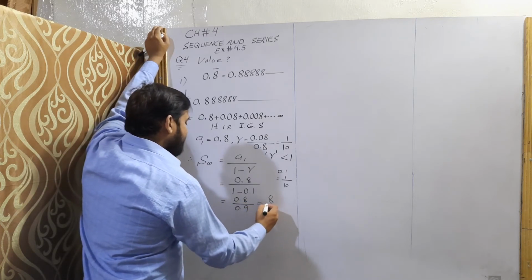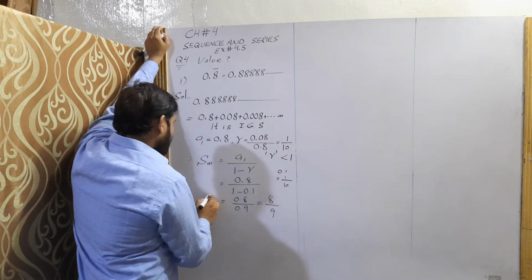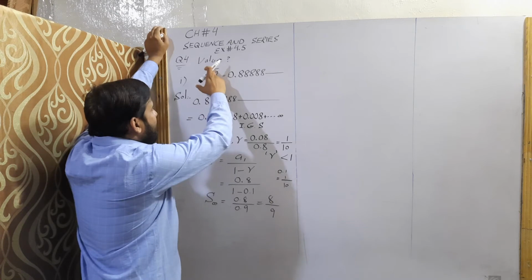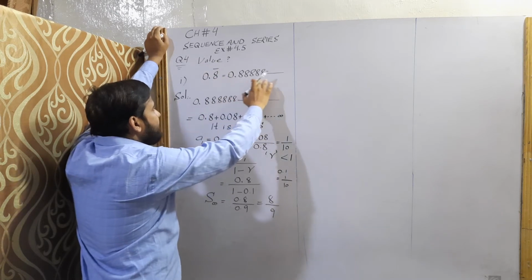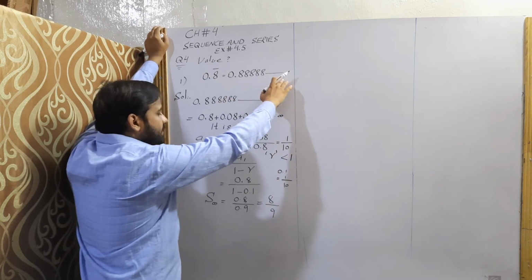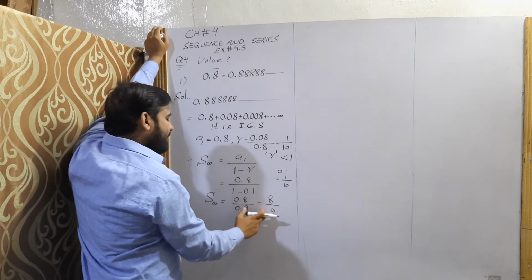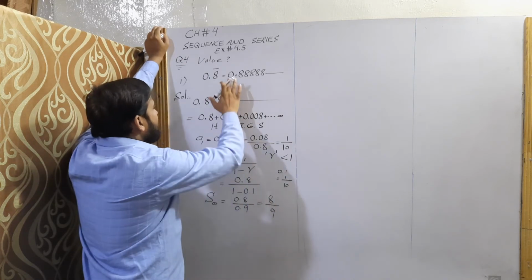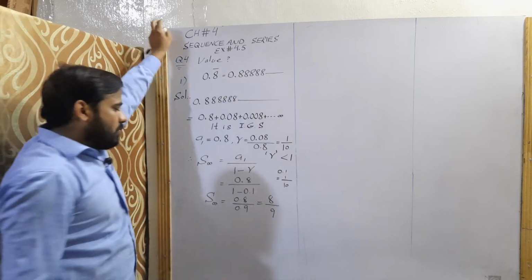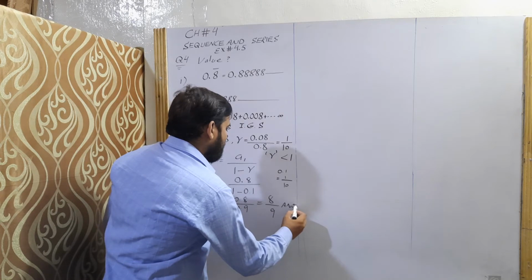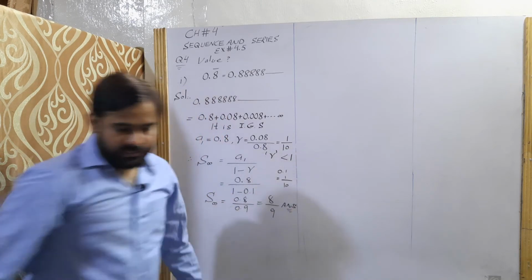So this is 8 over 9. It is the value of 0.8 bar. Bar means it is repeated infinite times. So S infinity is 8 over 9. If we divide 8 by 9, the answer is 0.88 and so on. So this is the value and answer of this question.